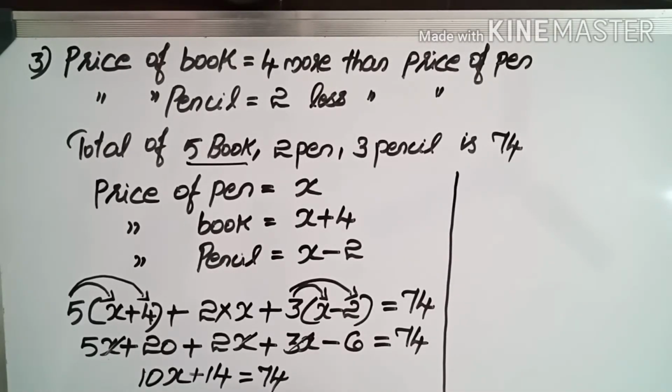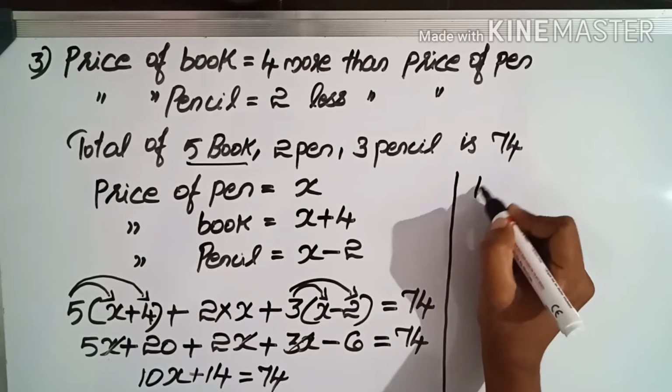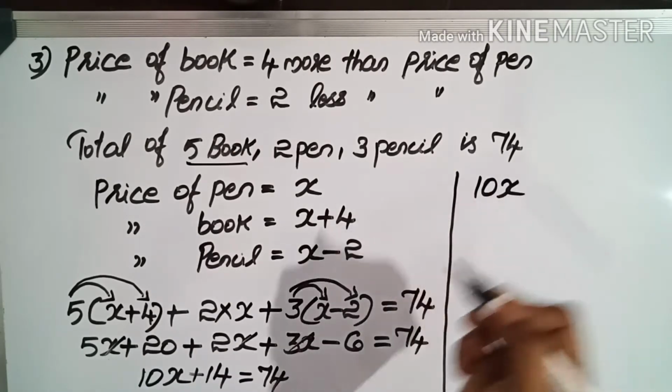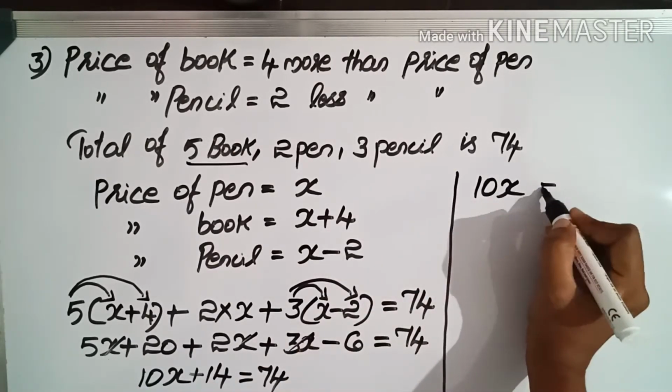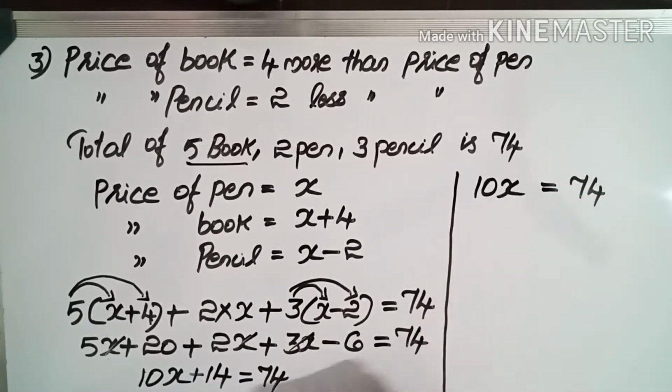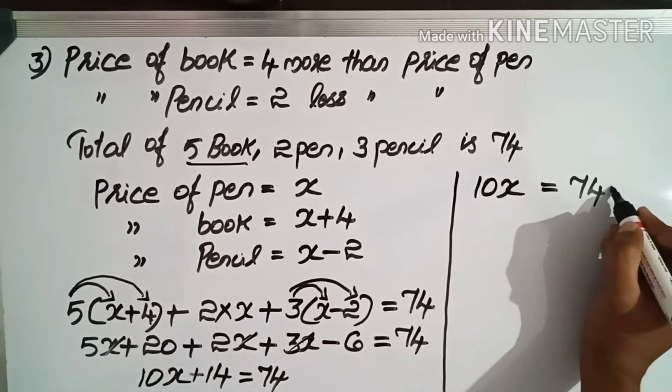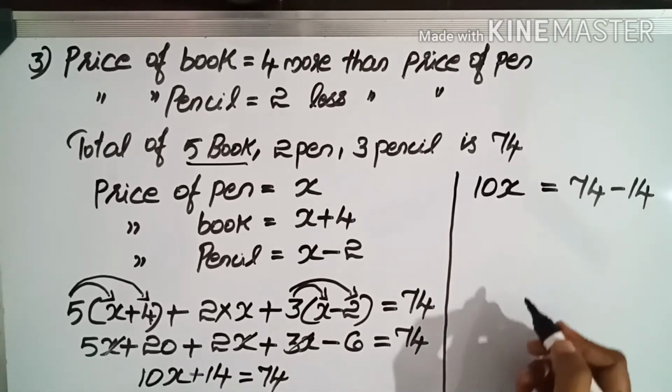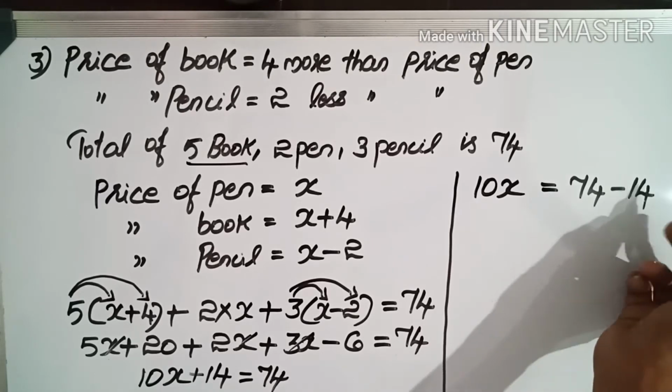For that, first take this plus 14 to this side. So the remaining will be what? 10x will remain here. 10x equal to 74. Now plus 14 comes to this side, it will be minus 14.